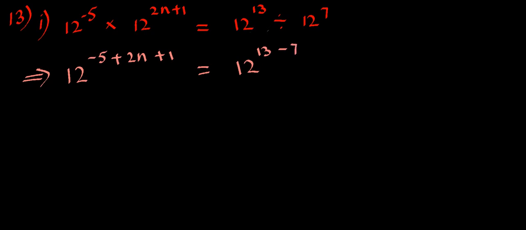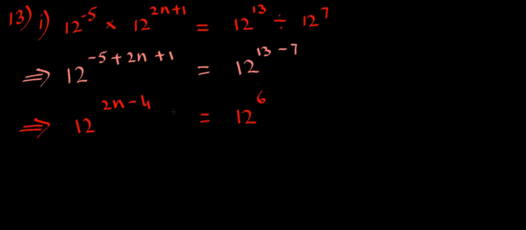Common bases but division happening. This implies that 12 raised to minus 5 plus 1 will give me 2n minus 4 is equal to 12 raised to 13 minus 7 gives me 6.